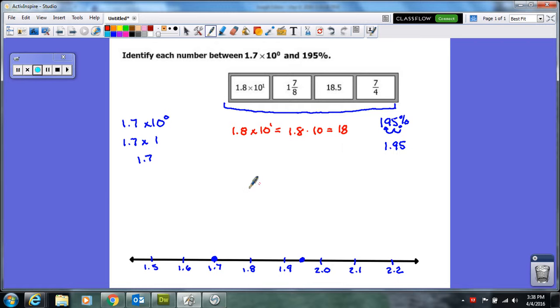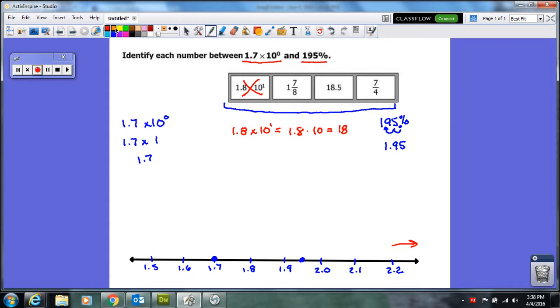And I know by looking at this graph that 18 is way bigger than anything on my graph. It falls way in that direction. So 1.8 times 10 to the first, or 18, is not a value that falls between 1.7 times 10 to the 0 and 195%. So I'll cross that one out.